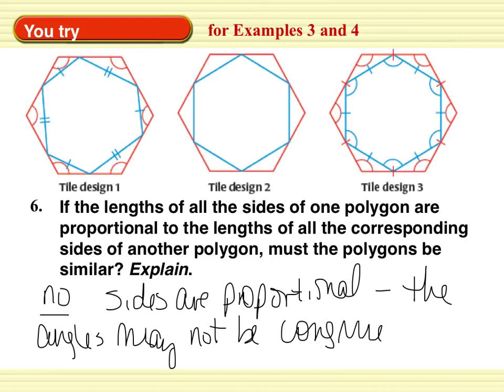And they have to be congruent for things to be similar. So even though the sides are proportional, if the corresponding angles are not congruent, then the polygons are not similar.